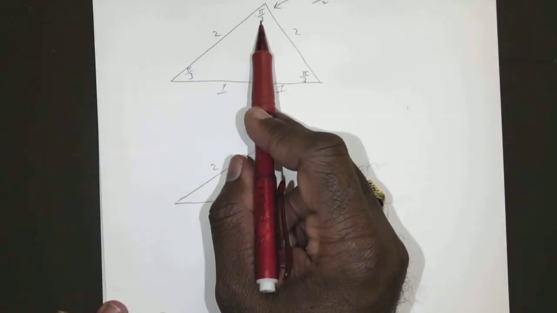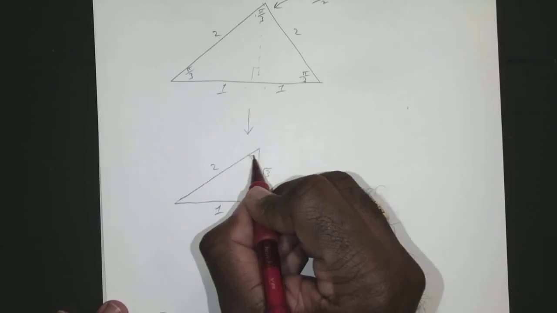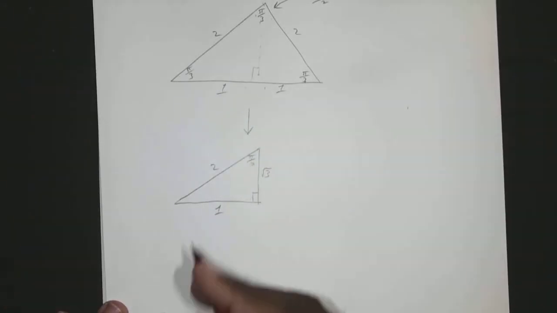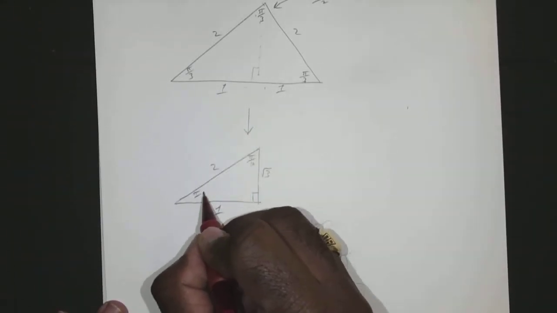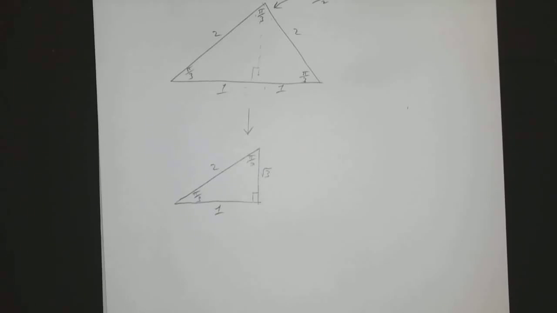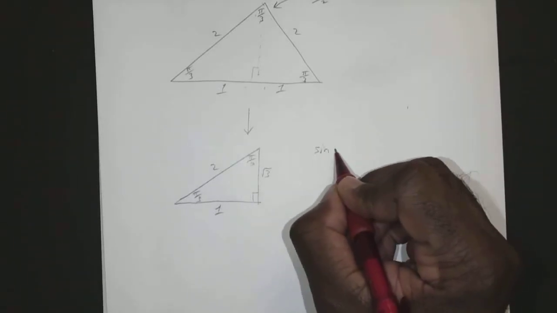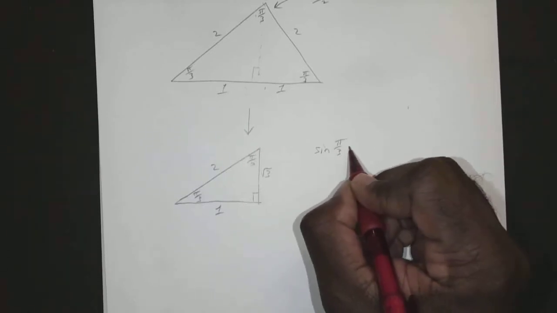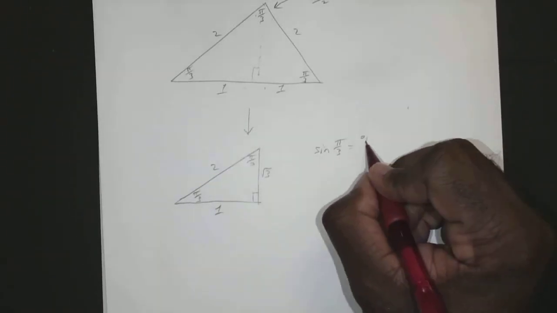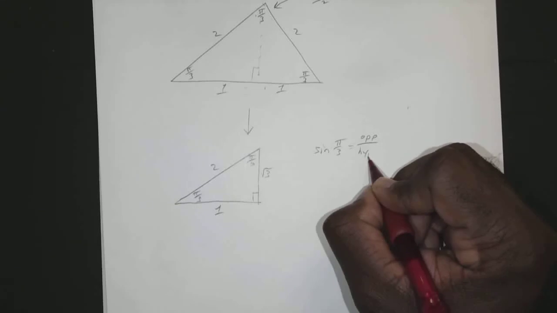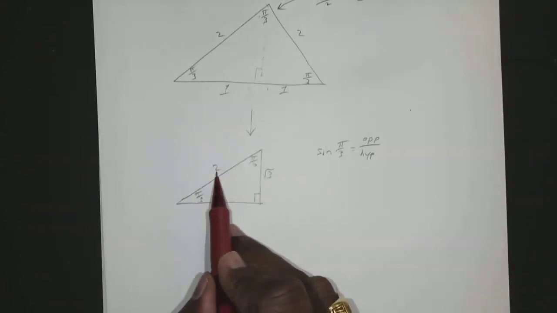Remember, this pi over 3 was cut in half. So that became pi over 6. And this is pi over 3. Okay, so if we want to find sine of pi over 3, remember that's opposite over hypotenuse, square root of 3 over 2.